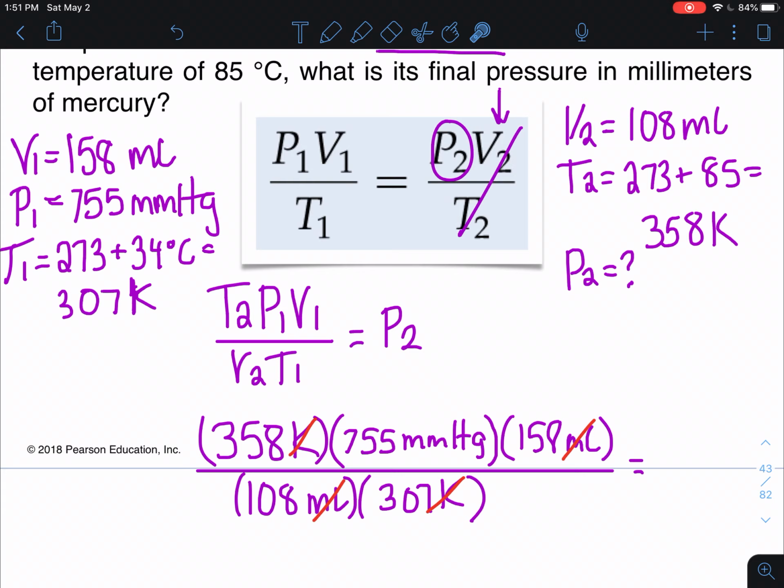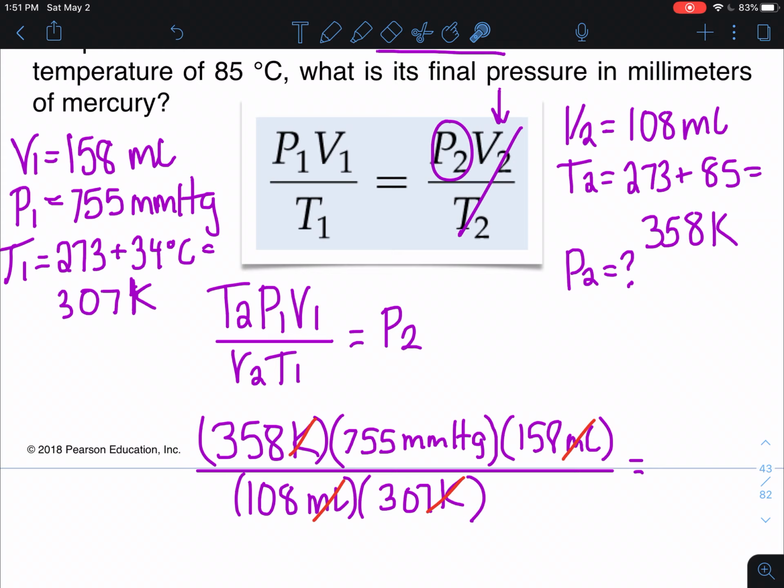We're giving the gas molecules more energy, right? So if you give it more energy, the collisions against the sides of the container are going to increase.